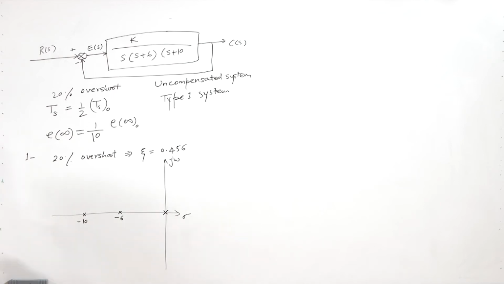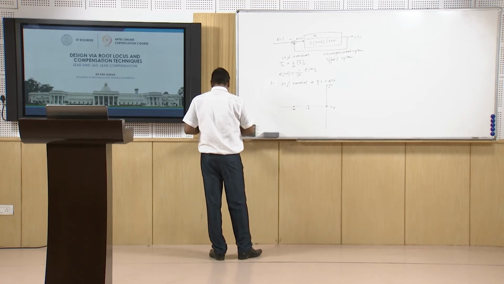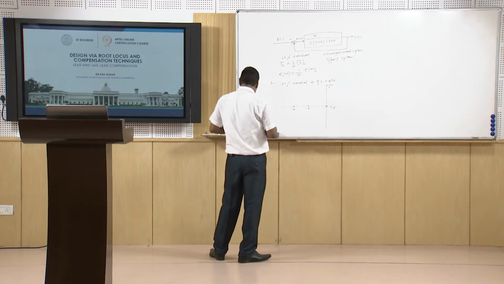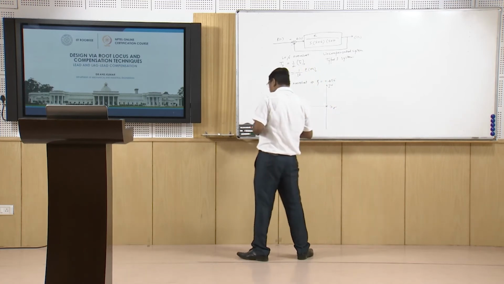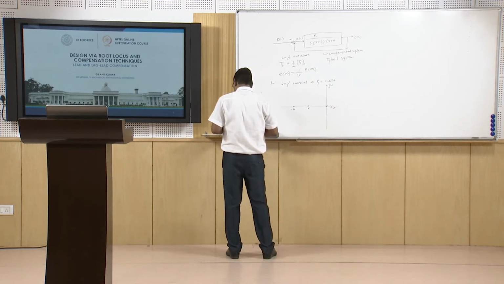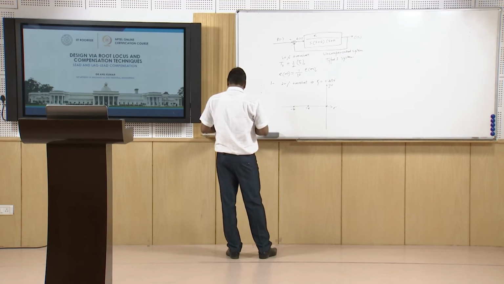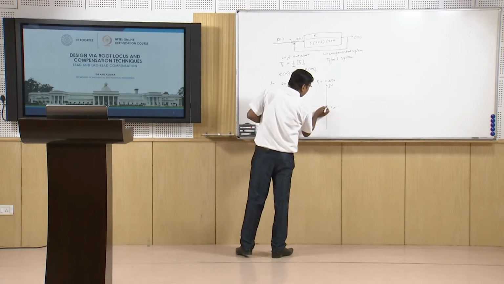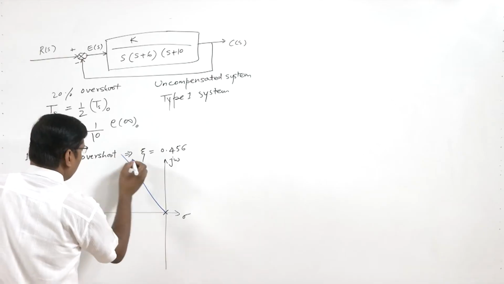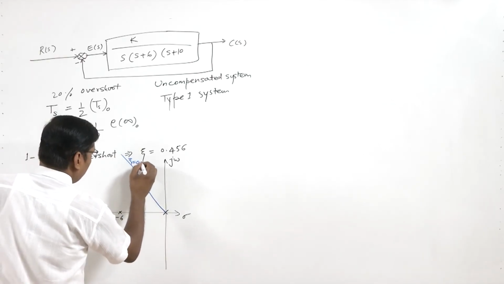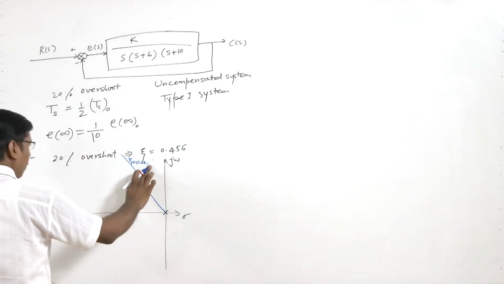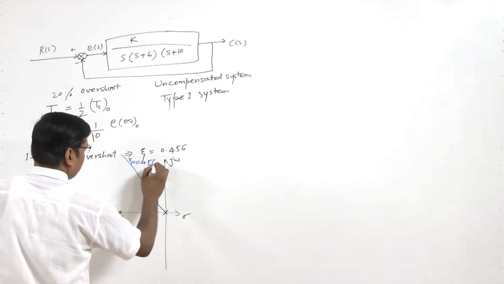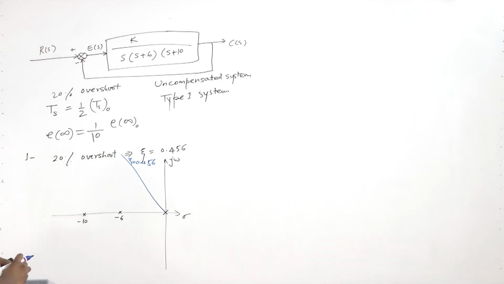And this is a line for damping equal to 0.456.